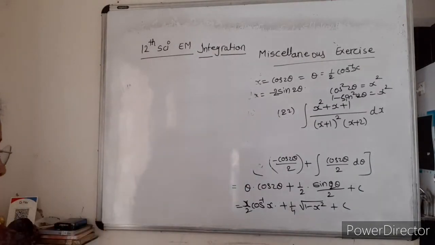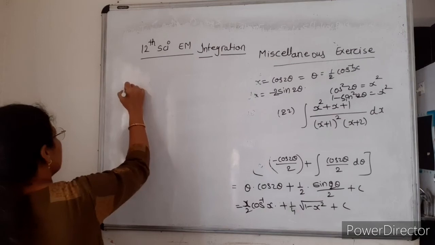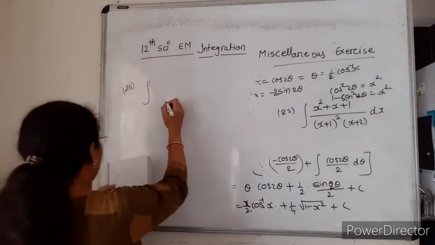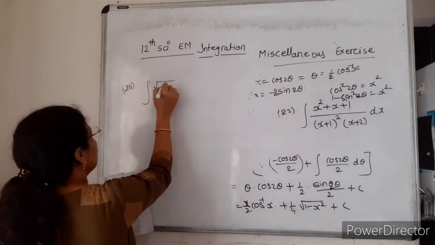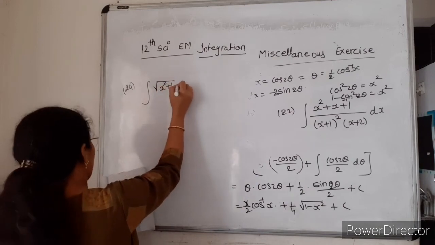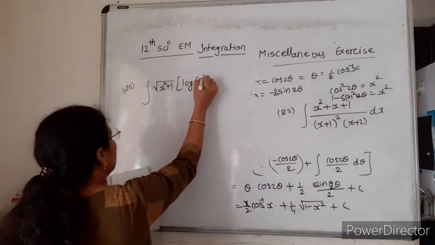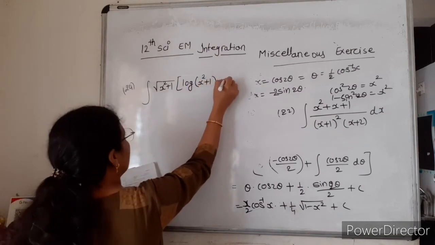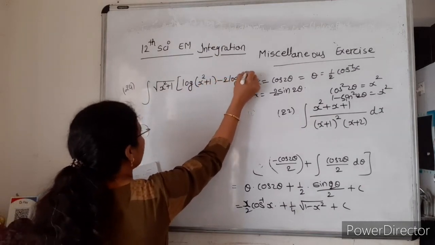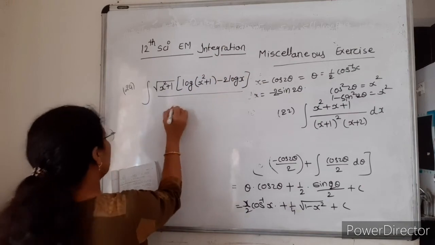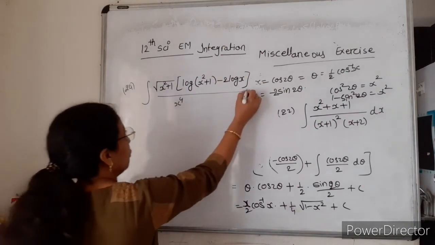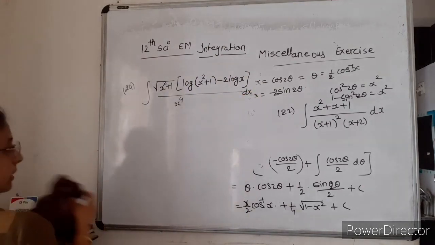Now the question number 24 is integration of x square plus 1 times log of x square plus 1 minus 2 log x, upon x raised to 4, dx.